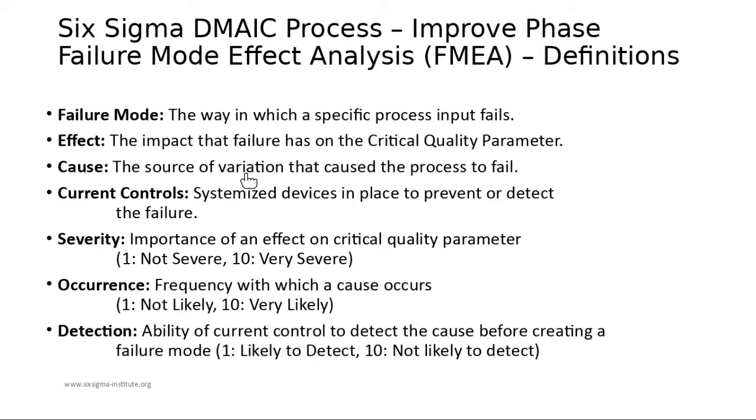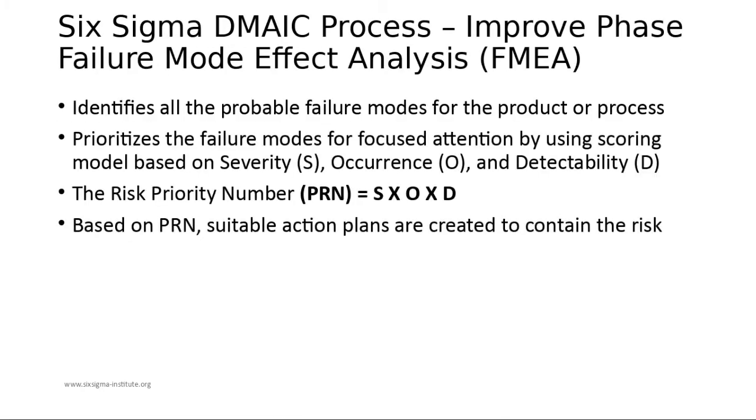The cause is the source of variation that causes the process to fail, which means the process is not performing well. The current controls are the systemized devices or tools to prevent or detect the failures. You need to understand the definitions of the FMEA. It is a very famous tool.